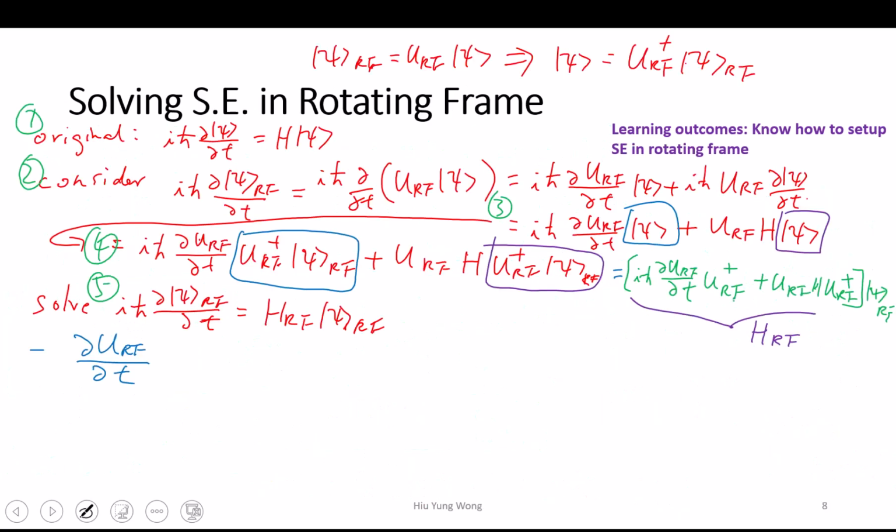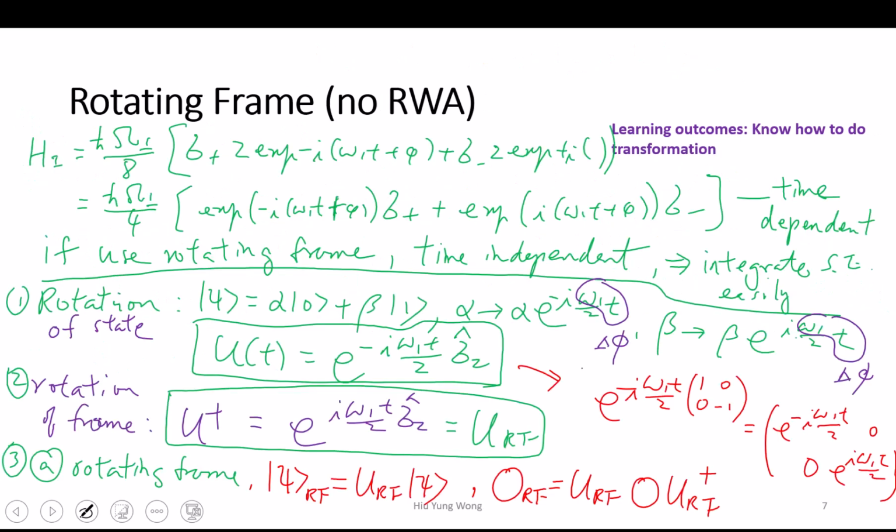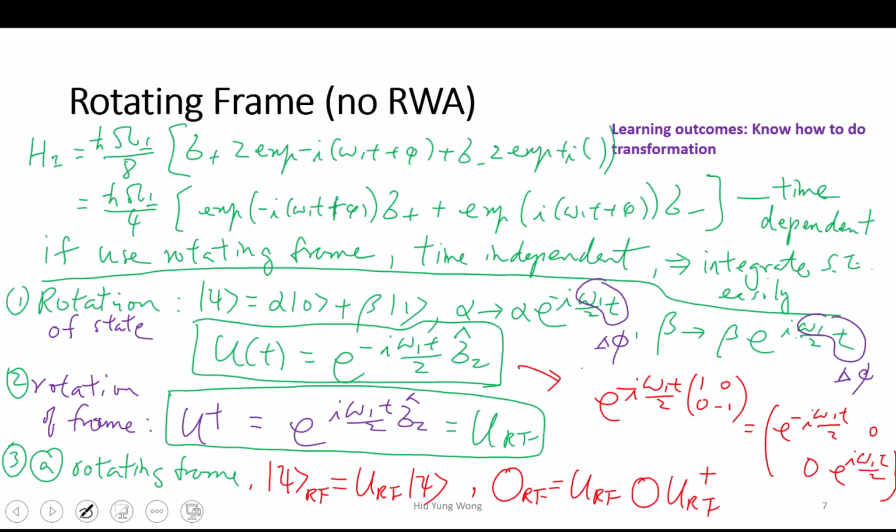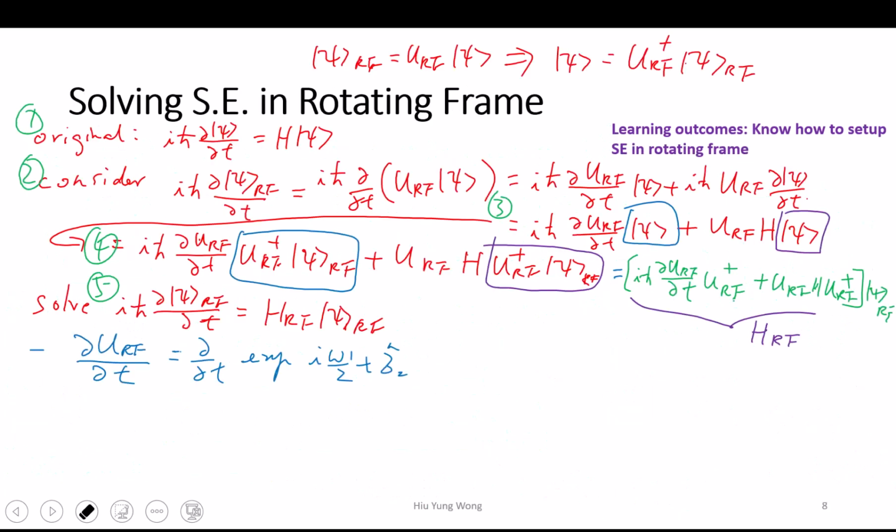Maybe I just spell it out, it will be easier. It means partial t of exponential i omega 1 divided by 2 sigma, and sorry, there's no C here. I don't know why I put C here in my note. This is just a matrix, just sigma z.